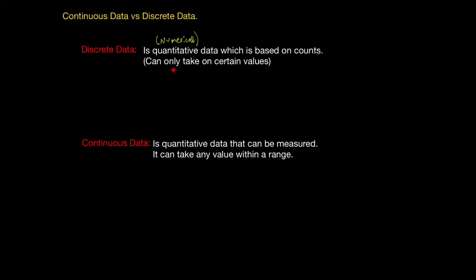So let's say, for example, you're watching a boxing match, and suppose that your job is to count how many punches fighter A delivers onto fighter B. So here we can count that. Let's say that we have fighter A and then we have fighter B, and let's say that fighter A landed 20 punches on fighter B on round 1.